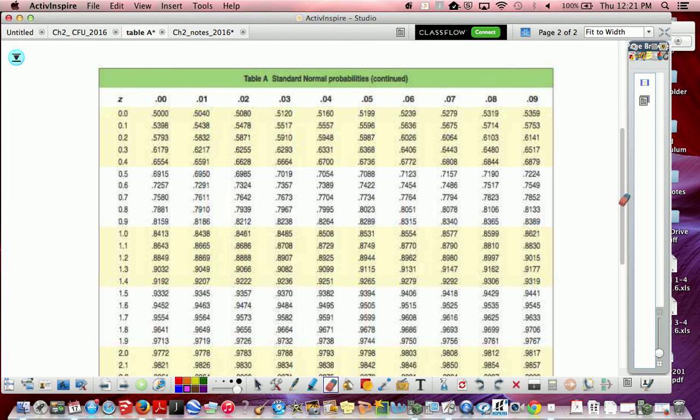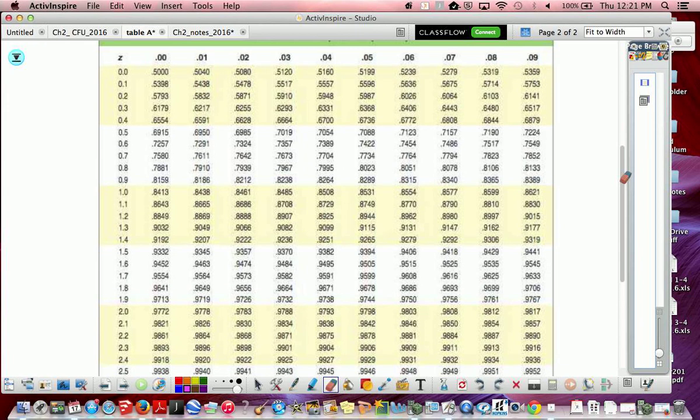All of these values in the table are the areas, and they give you areas for values from 0 all the way up to positive 3.49, so up to 3.49 standard deviations away from the mean.